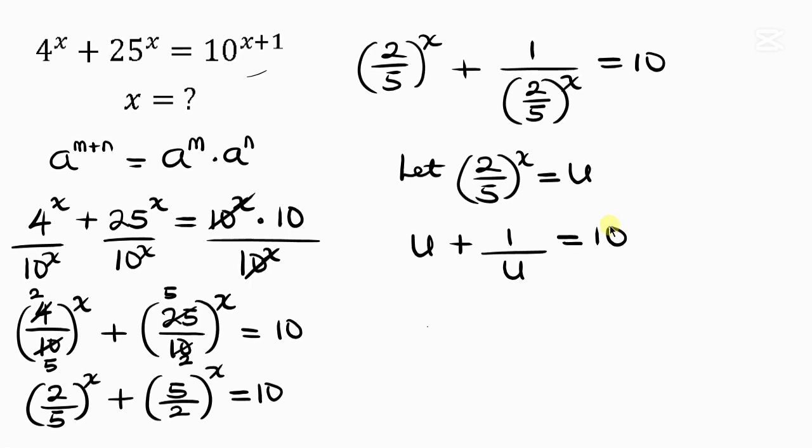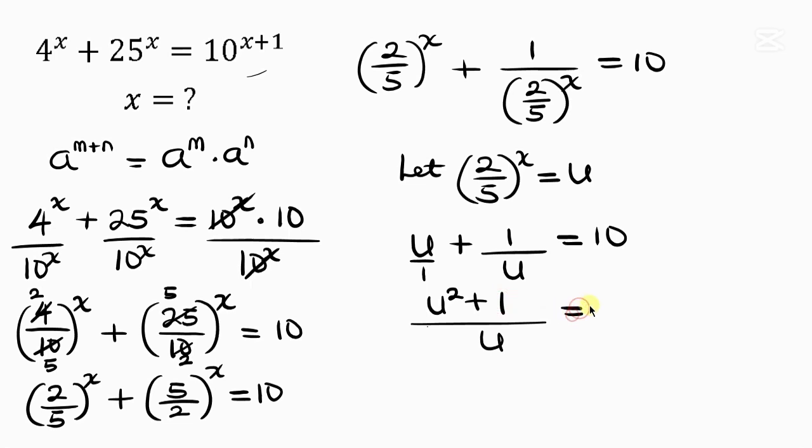Our next step will be for us to combine the fraction on the left hand side by taking the LCM. So the LCM is u. I'm going to be putting over 1 here. So u divided by 1 is u times u, that's u squared, plus, now u divided by u, that's 1 times 1 is 1.